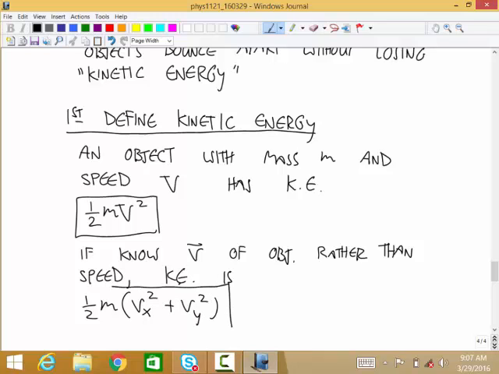So really all that's doing is using the fact that the speed is equal to the magnitude of that vector.